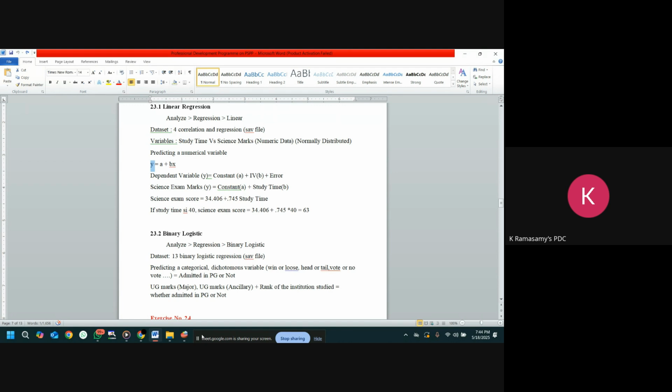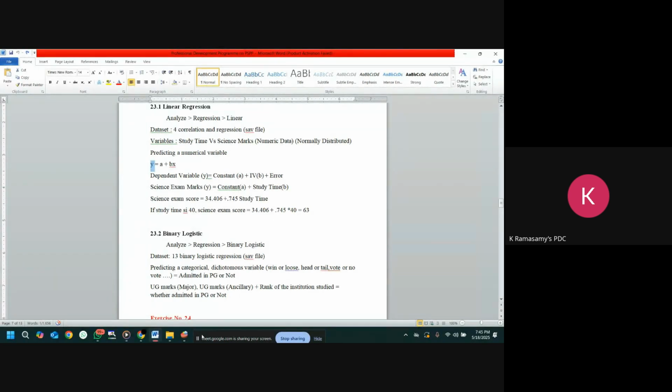For example, how many marks a science student will get can be based on many factors: how many hours he studies, his emotional intelligence score, his IQ level, his parental education, whether he goes for tuition or not, and the quality of the education he gets in class. If you use one factor to predict one variable, it's called simple linear regression. If you use multiple factors to predict one variable, it's called multiple regression.